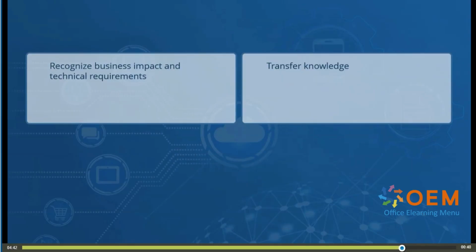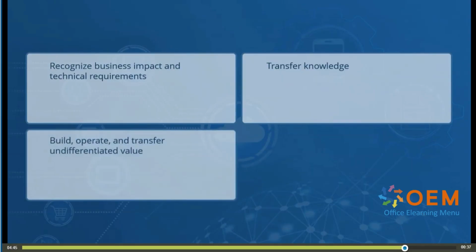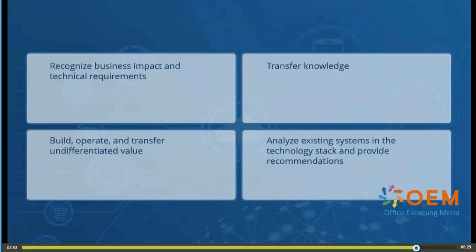Third, as a CloudOps engineer, we need to also take responsibility to build, operate, and transfer undifferentiated value to our customers. And finally, we need to focus on analyzing existing systems in the technology stack and come up with a list of recommendations that need to be adopted by enterprises.